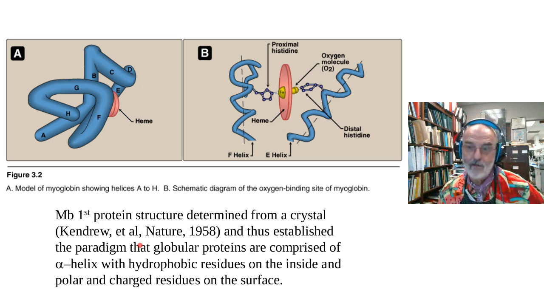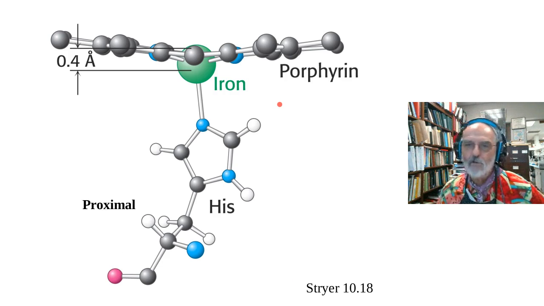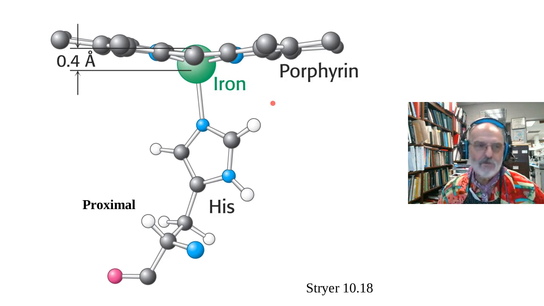But the principle that came out of this, when they solved the high resolution crystal structure, because then you can see all the amino acids, was that the hydrophobic residues are on the inside and the polar charged residues are on the outside or on the surface, interacting with water and other moieties, other macromolecules.